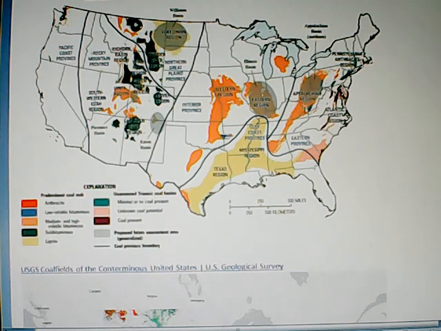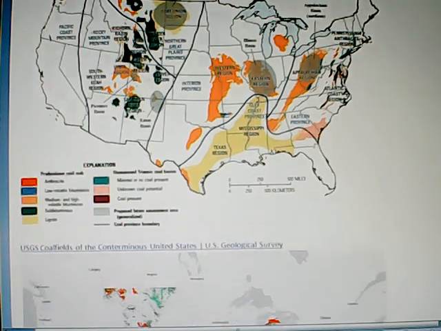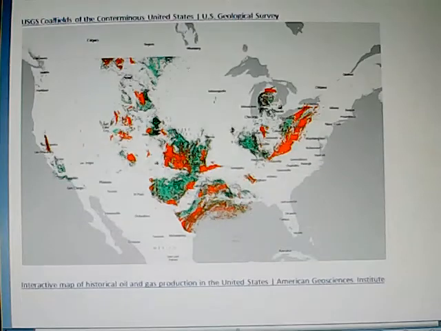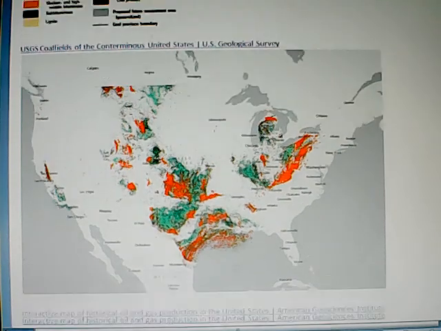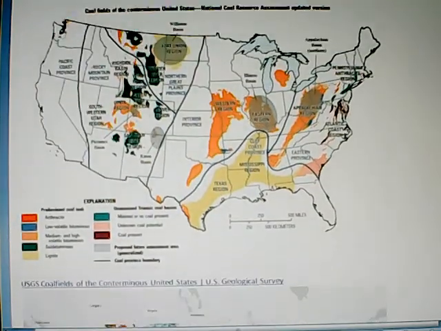Okay, and this is where some of the interesting part comes in. Near coal fields in the U.S., here are natural gas and oil sites which correlate to the coal locations.